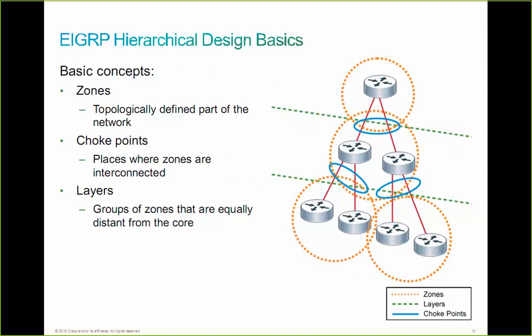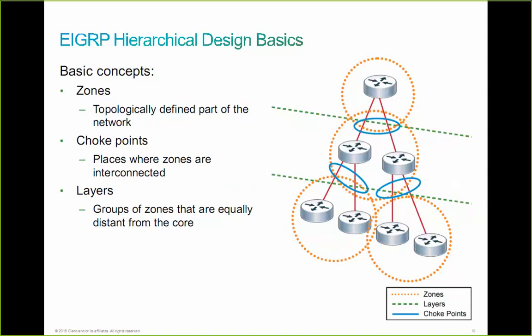But a zone is a logical concept that represents something called a failure domain, right? Link and device failures have little impact outside of that circle or that zone. Does that make sense? So it's not something that we physically define. It's something that we're logically creating by creating these summarization boundaries and so on.